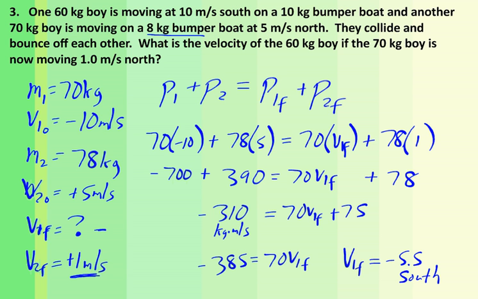So he went in, he hit, and he was initially going south, and this guy was initially going north, and afterwards this guy is going north, and this guy is still going south. So I've just created a problem that's really impossible. It could be something where you would have to say there's an error in the situation. There's no way that those two guys just traveled through each other. So it would be impossible for it to happen, but mathematically that would be the answer.